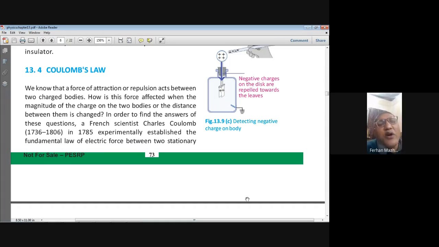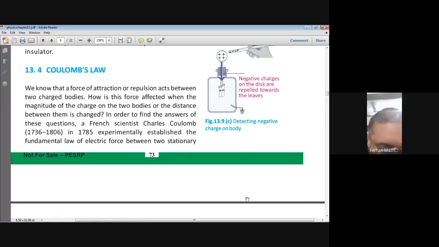One very important thing about this chapter, the topic which we want to do today, is when we talk about two forces. When I say we have two charges, if the charges are the same, they will be repelling each other.